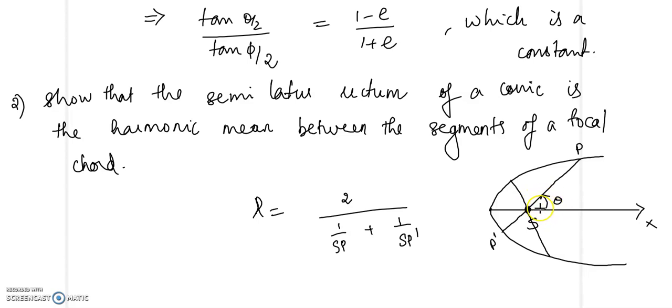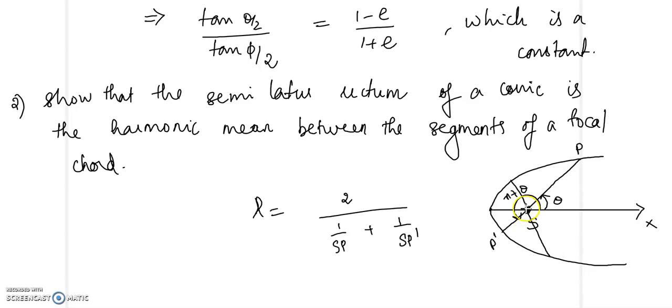Similarly, for the point P dash, this angle is going to be phi plus theta. So the polar coordinates of P dash: the vectorial angle is phi plus theta, and the radial distance is SP dash.